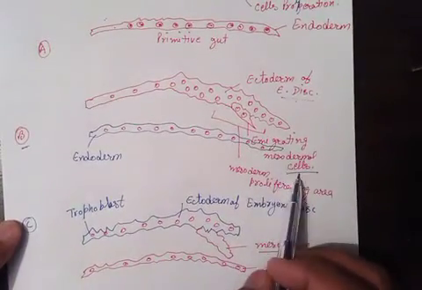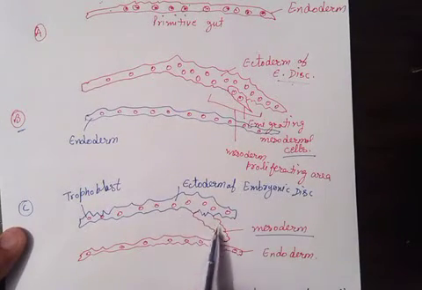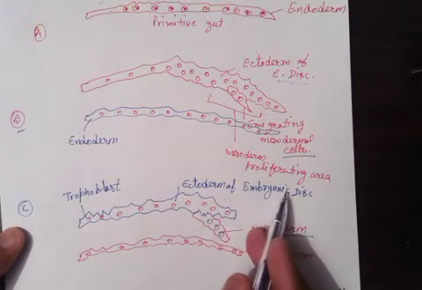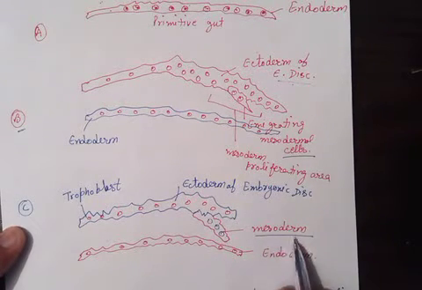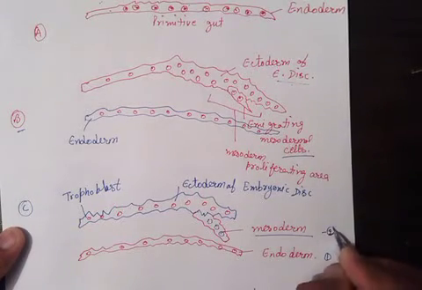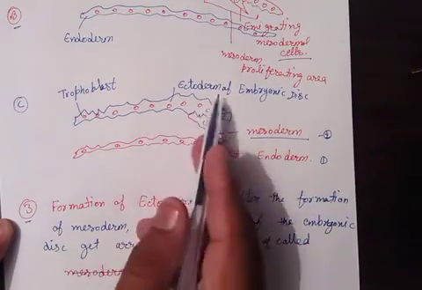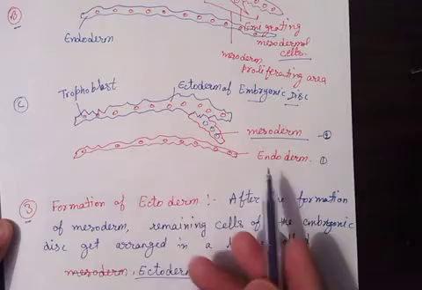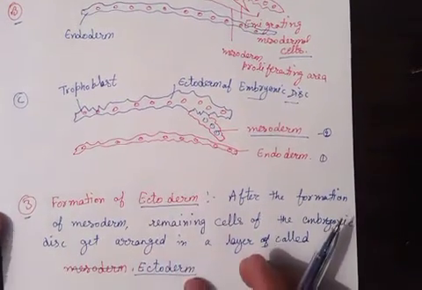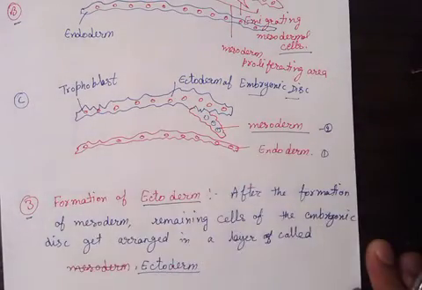These mesodermal cells proliferate, meaning growing, and form a new layer that detaches from the embryonic disc and forms the mesoderm. Now we have formed the first layer and the second layer. The remaining part of the embryonic disc is converted into the outer layer, that is ectoderm. So in gastrulation these three layers are formed.